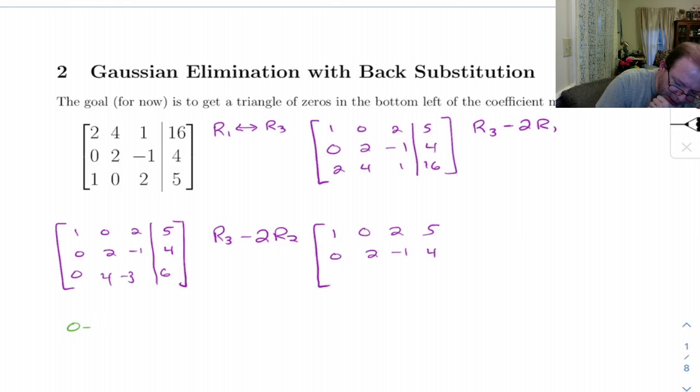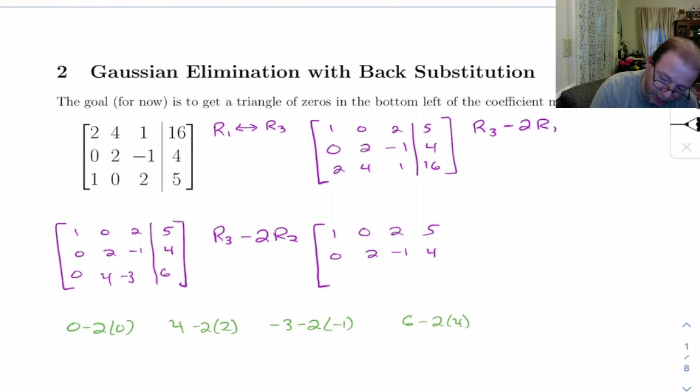So I get 0 minus 2 times 0. Then I get 4 minus 2 times 2. Then I get negative 3 minus 2 times negative 1. Then I get 6 minus 2 times 4. So those numbers give me 0. 4 minus 4 is 0.